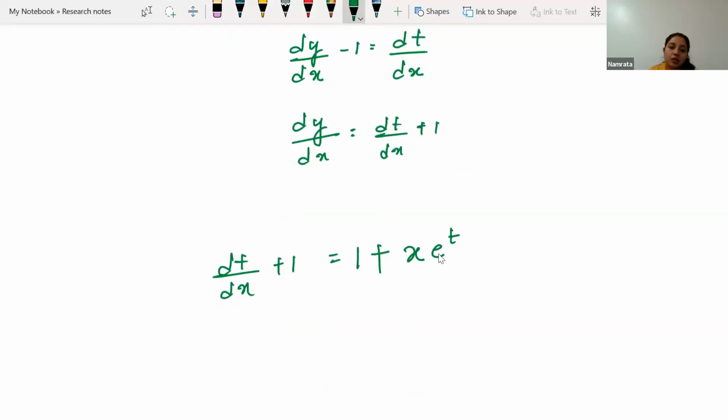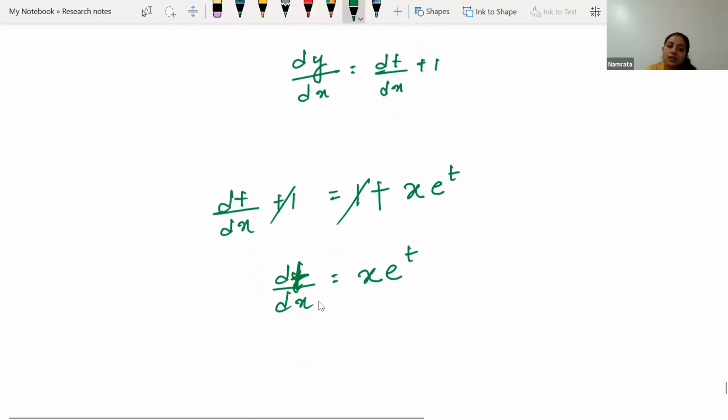Okay, this 1 is gone. So we are having dt by dx is equal to x e to the power t. So variable separable we will do. So dt over e to the power t is equal to x dx.